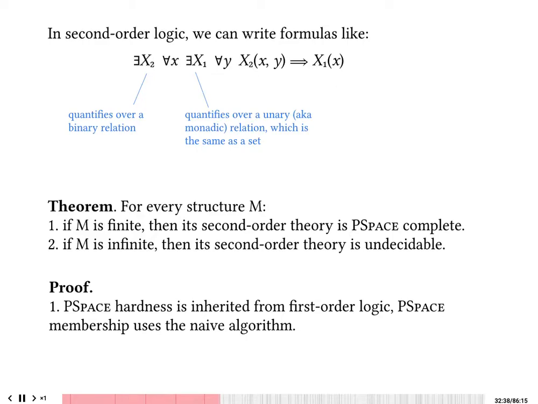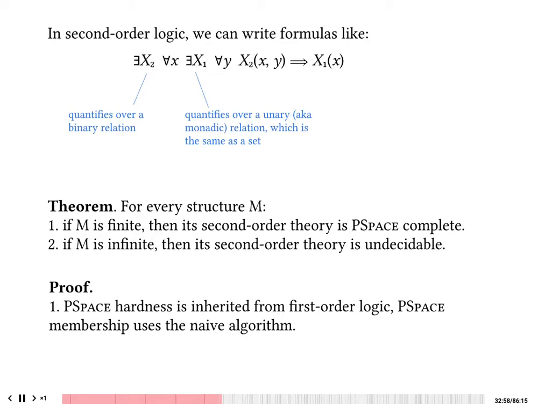And in fact, you don't even need a universe which has at least 2 elements, because if you have 1 element in your universe, then you still get 2 sets, the empty set and the full set. So it's PSPACE-hard already for every structure with 1 or more elements. Let's say we disallow empty structures.